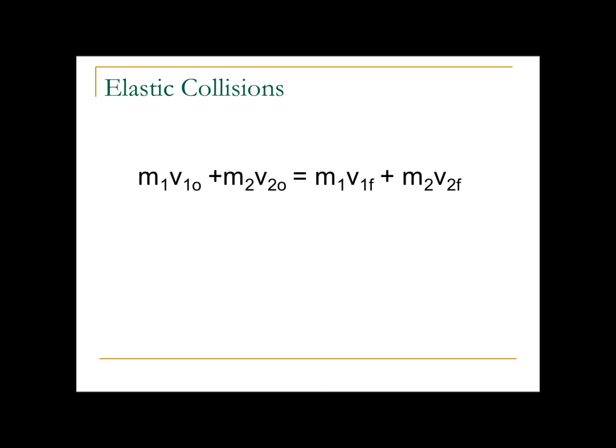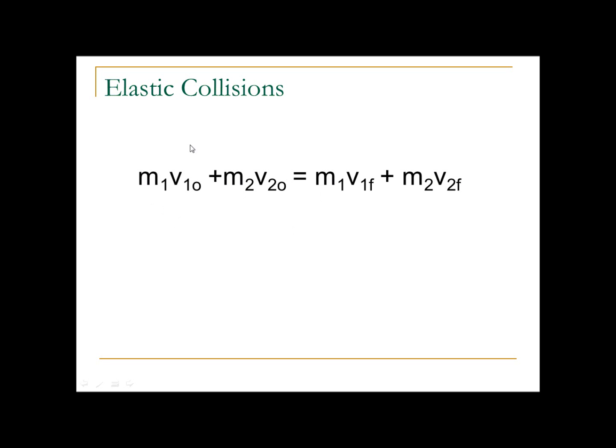To figure out elastic collisions, here's our elastic collision equation. What you notice is m times v is momentum. So the initial momentum of the first object (that's what the little knot means) plus the initial momentum of the second object is equal to the final momentum of the first object (that's the f, final) plus the final momentum of the second object.